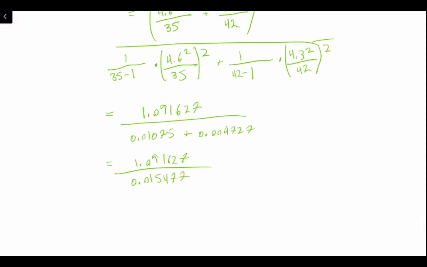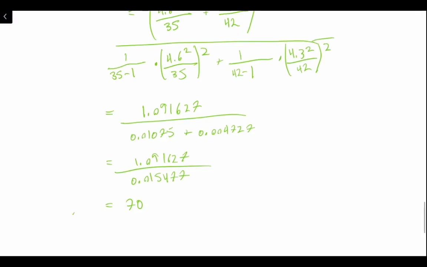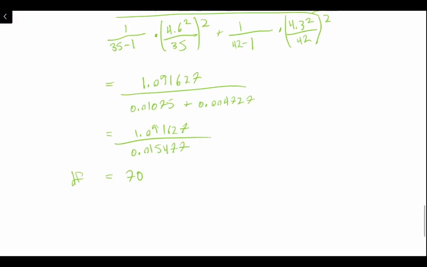So 1.091627 divided by 0.015477 gives us a degrees of freedom of 70. So we have 70 degrees of freedom on our t-test.